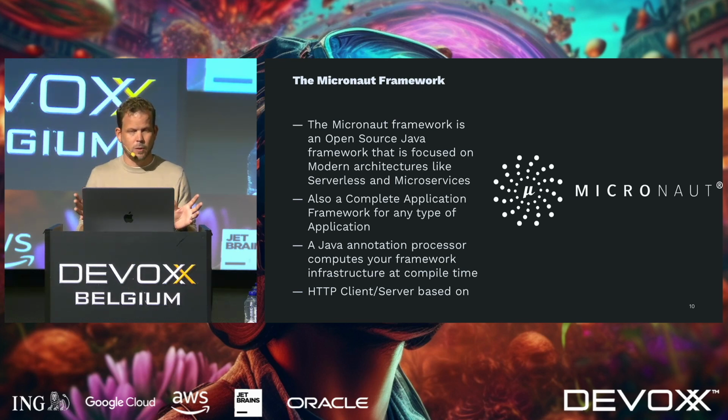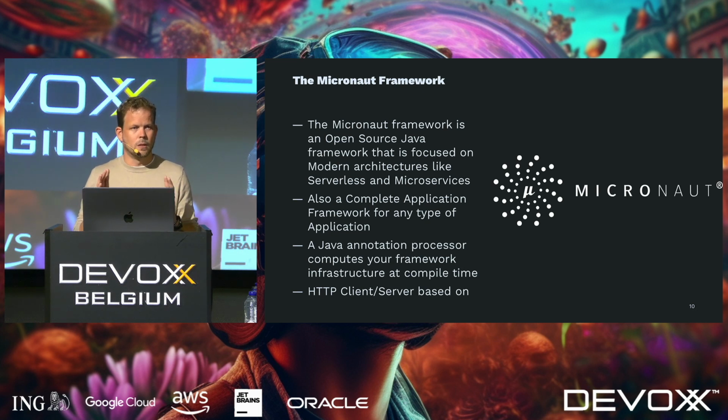If you're familiar with Spring, it's a very familiar API, but it works very differently. Whilst Spring typically defers all the analysis of how the application works to runtime and then uses reflection to figure it out, Micronaut works differently.